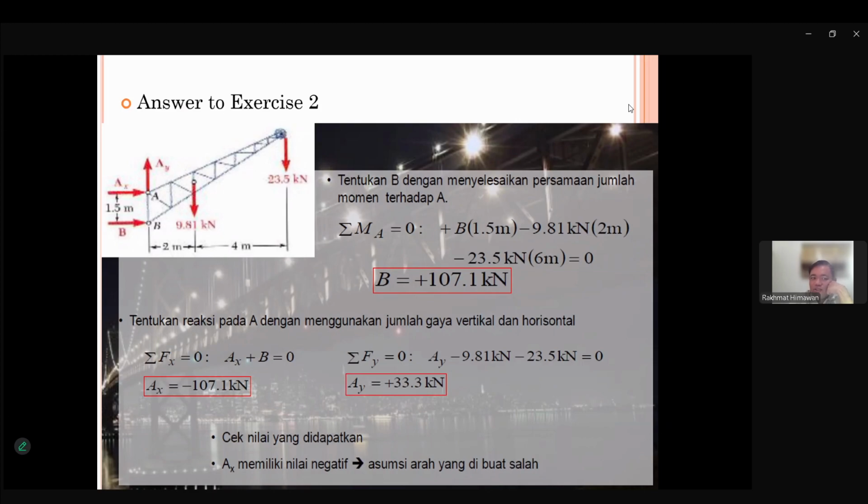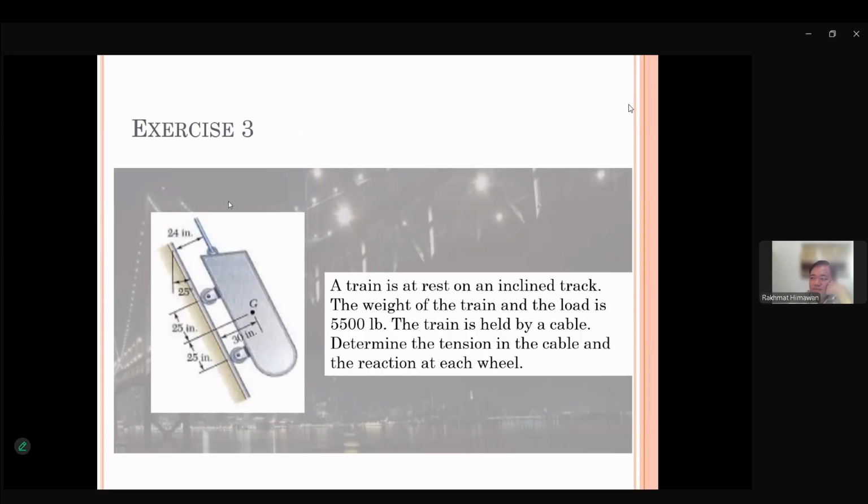So let's continue for the next exercise. Find out about this. There you go. We have a train at rest on an inclined track.